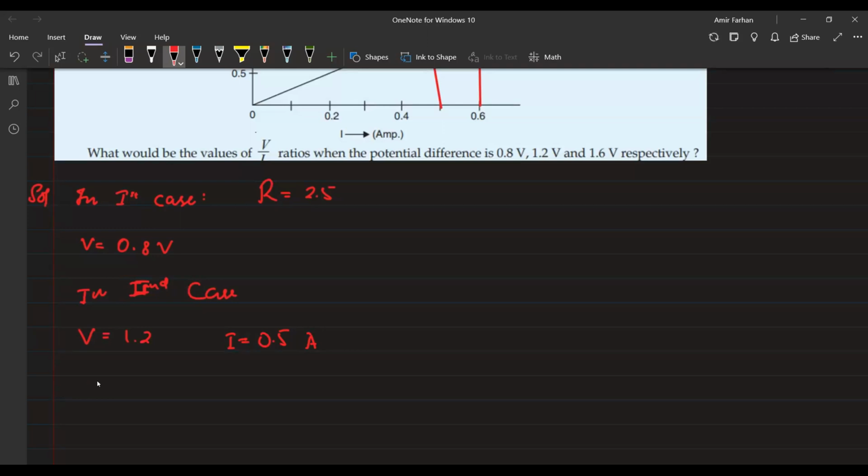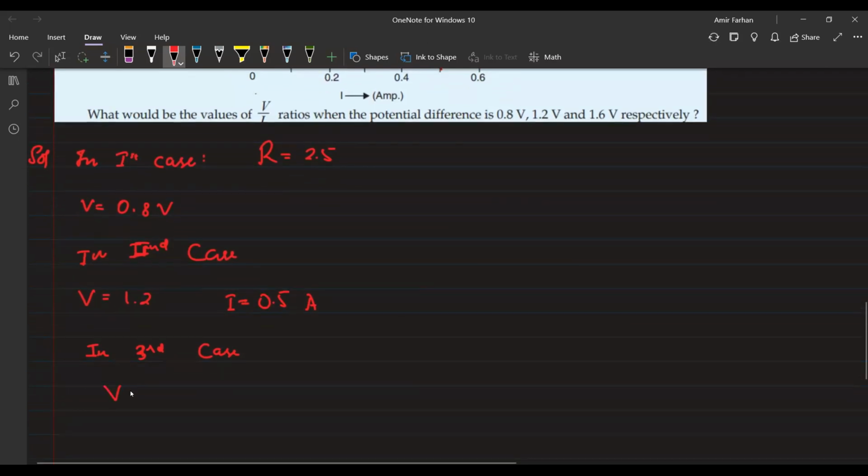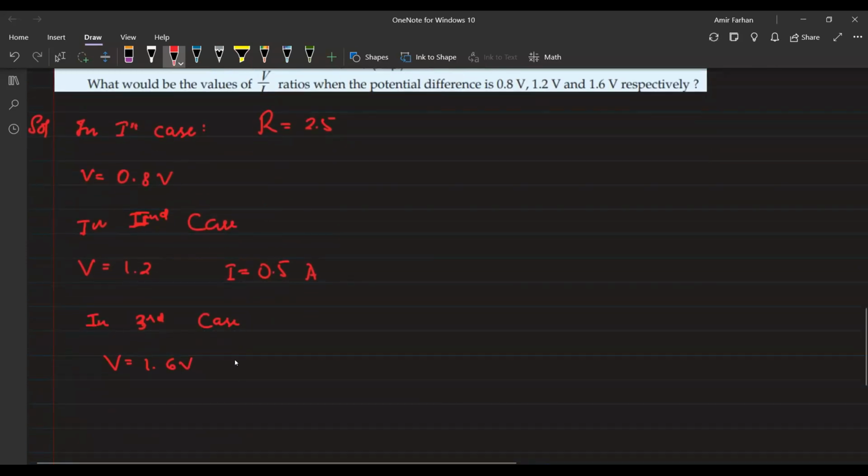In the third case, the potential difference is 1.6 and your current comes out to be I equals 0.6.